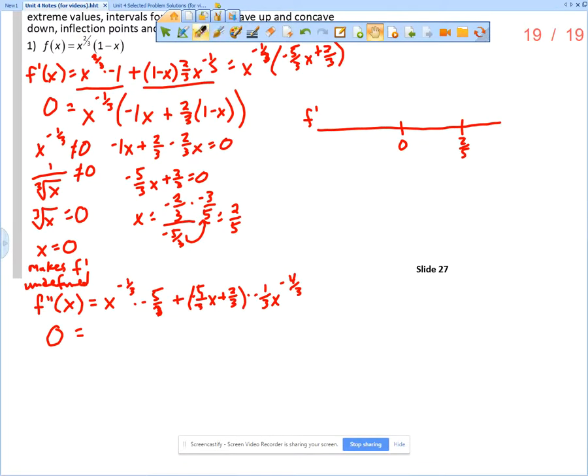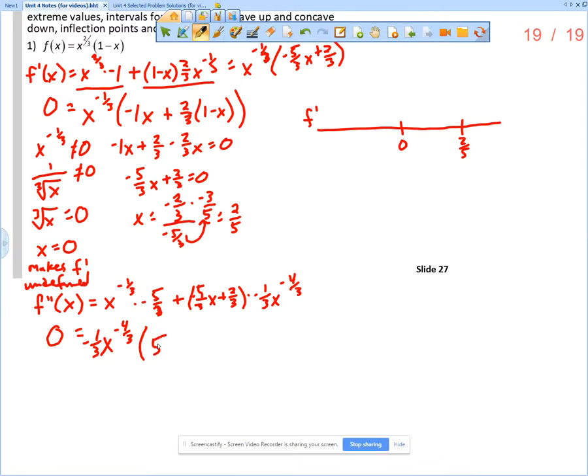In order to solve this, I have x to the -1/3 and x to the -4/3. So I'm going to factor out an x to the -4/3 because that's the lower power, and I could also factor out a -1/3 just to make things a little bit nicer. If I do that, what do I get? Well, I factored out a -1/3.